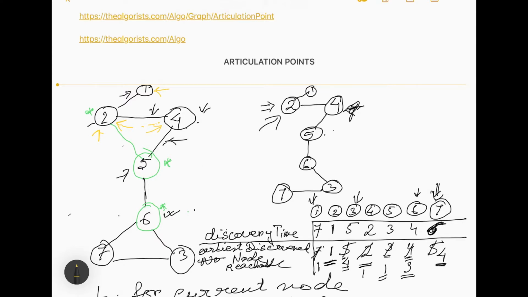So now we are recomputing the earliest discovered node reachable for 2 at the callback of the DFS.